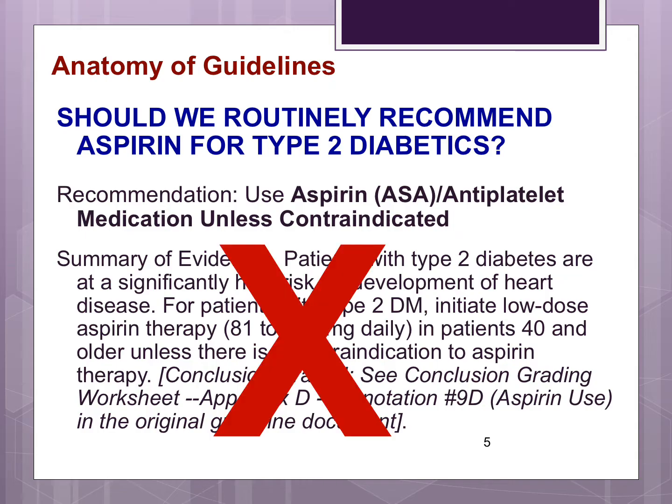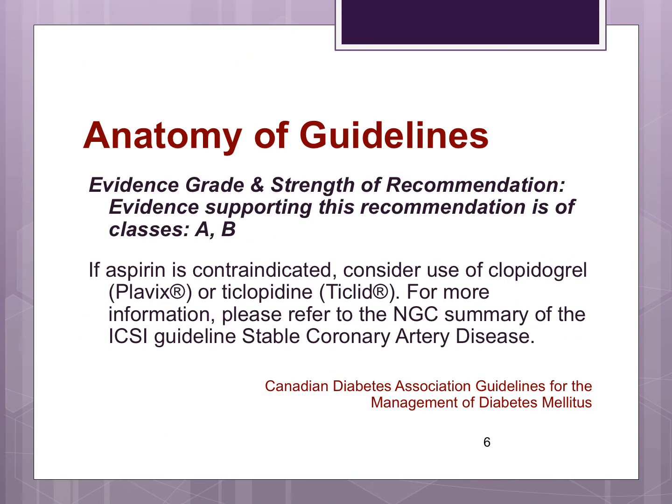But that's not the recommendation anymore. This was part of that initial recommendation: if aspirin is contraindicated, you should use alternatively clopidogrel or ticlopidine. And the grade of the evidence was quite strong, evidence grade A or B.